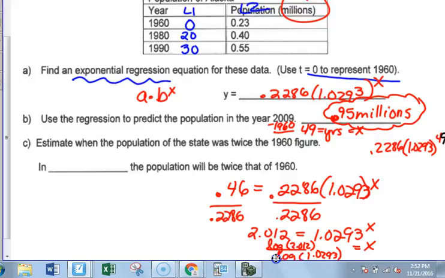I don't know, I rounded randomly along the way, but I got about 24 years.